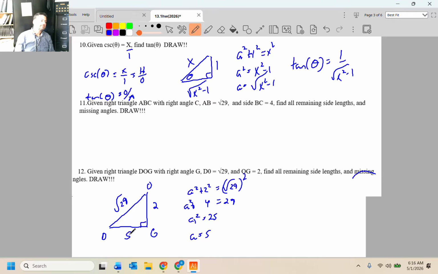Now, we only have 2 angles we have to find. And you can pick any ratio you want, but I like the easy numbers here, the 2 and the 5. So I highlighted angle D, and 2's relationship to angle D is opposite, and 5's relationship to angle D is adjacent. So I happen to know that the tangent of angle D is 2/5. How does that help me figure out the angle? Well, the opposite of tangent is not cotangent.